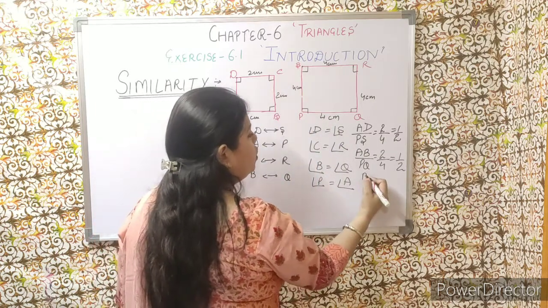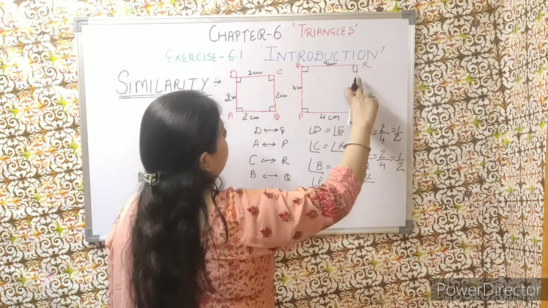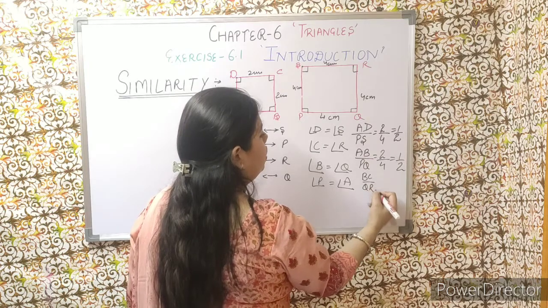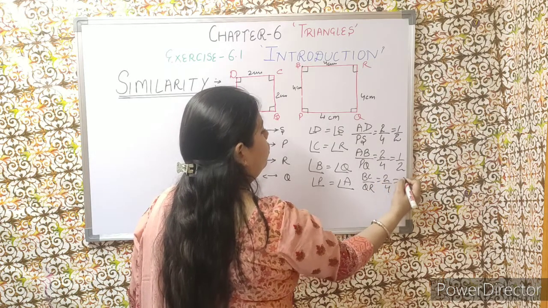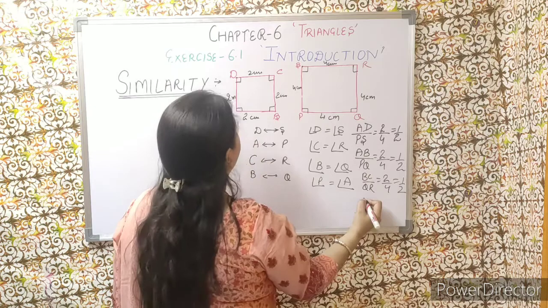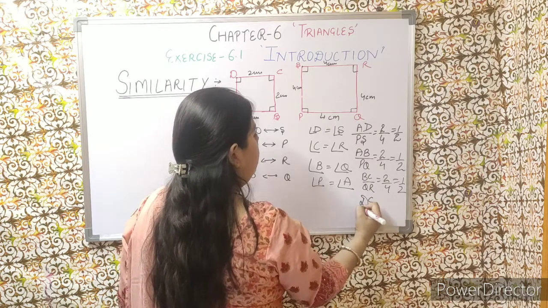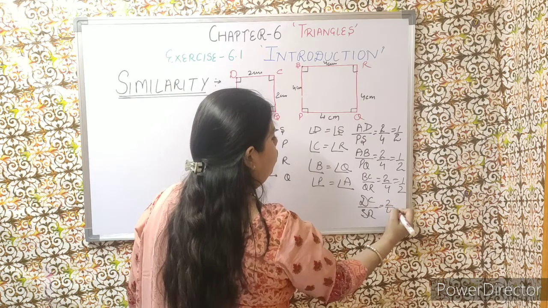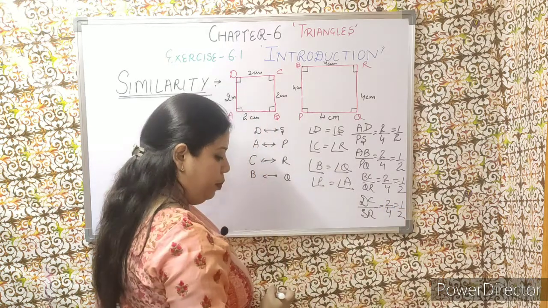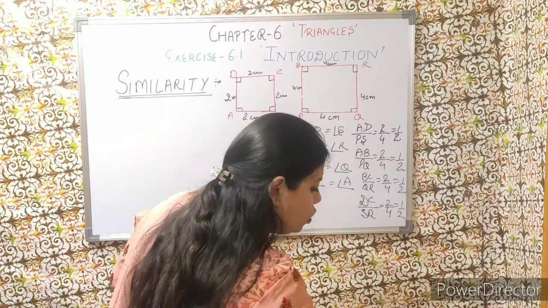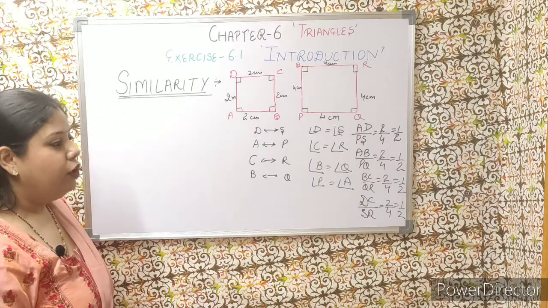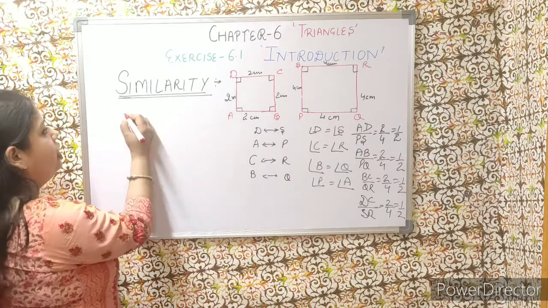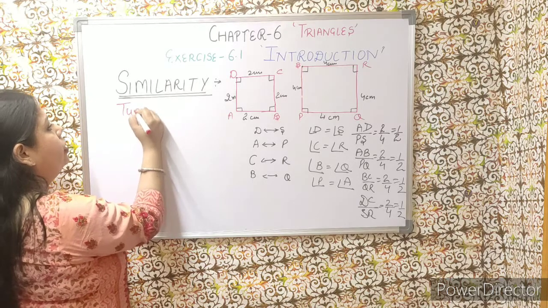Next, BC corresponds to QR, 2 upon 4, 1 upon 2, and DC corresponds to SR, 2 upon 4 is equal to 1 upon 2. So what have we derived here about the similarity of two polygons.